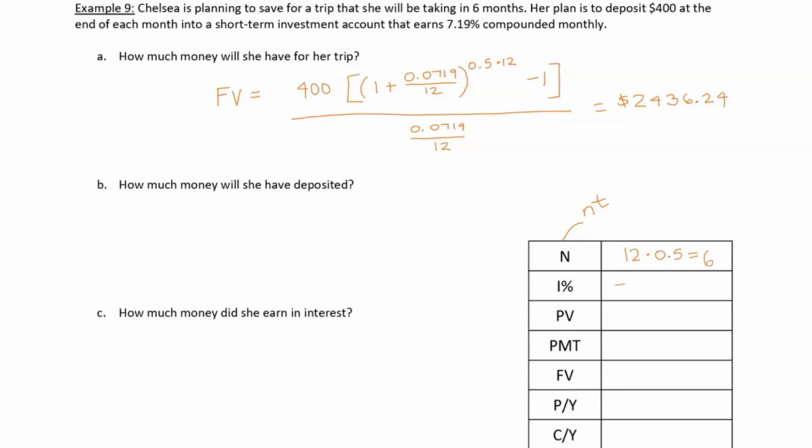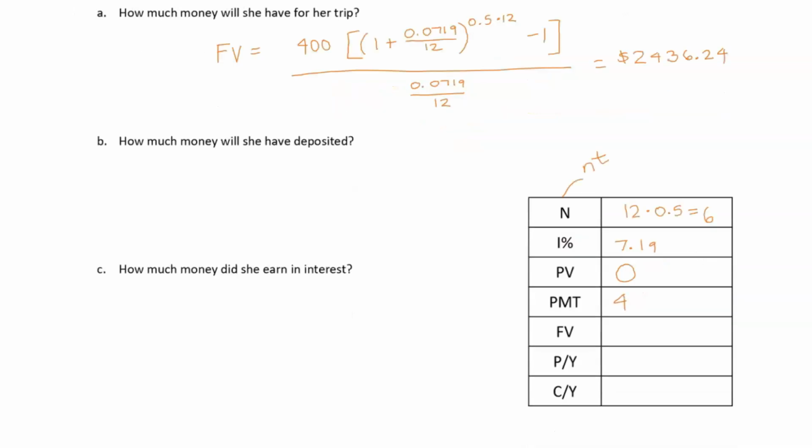The interest rate gets put in as a percentage, no need to change it to a decimal point. When we start out, we have $0. Then we're making a payment of $400. And then compounded monthly is little n. So PY and CY are little n, which is 12. Then the thing that we are solving for is future value.